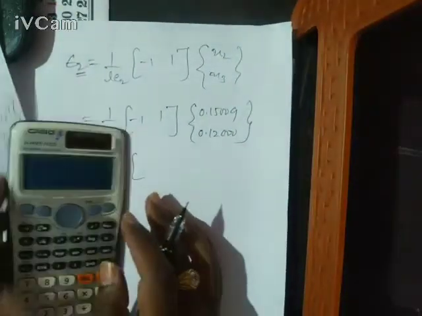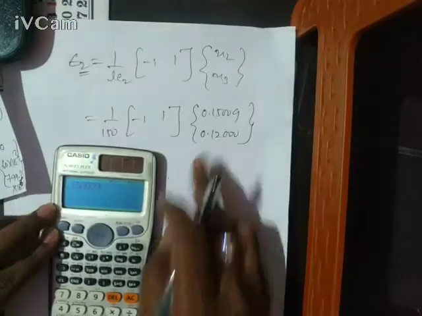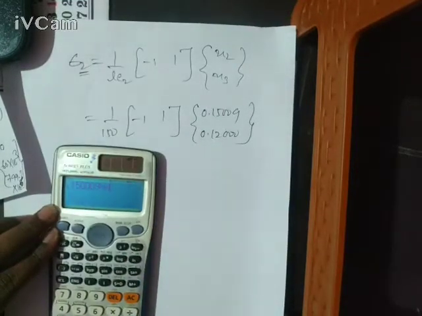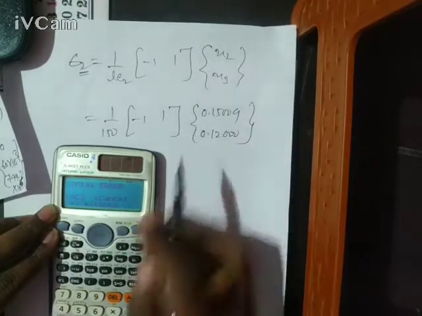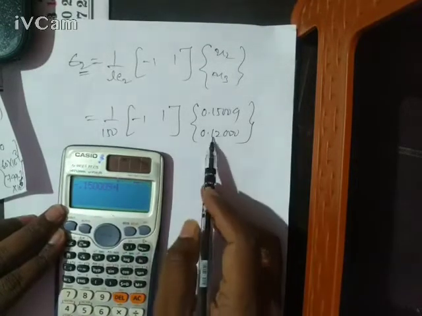Okay, so now strain 2. 0.15009 into minus 1, because minus 0.15009 plus this value.